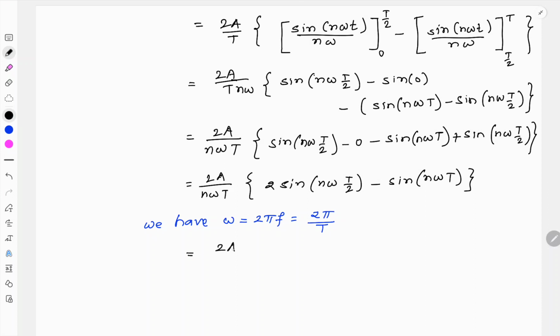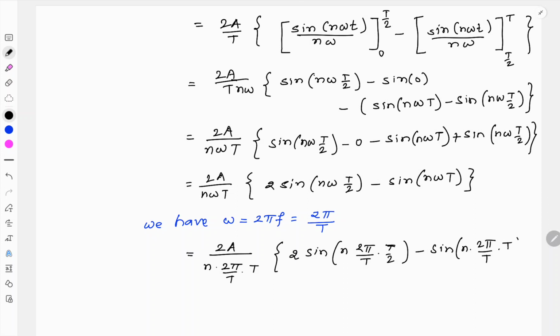Here we have 2A upon n into 2 pi by T into T, times 2 sin of n into 2 pi by T into T by 2, minus sin of n into 2 pi by T into T.